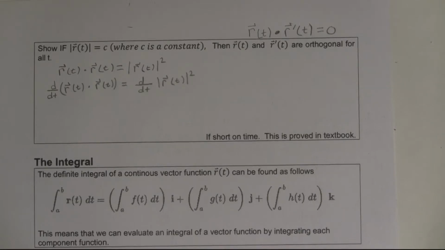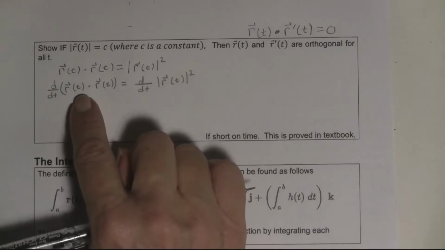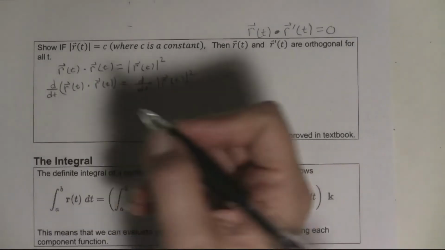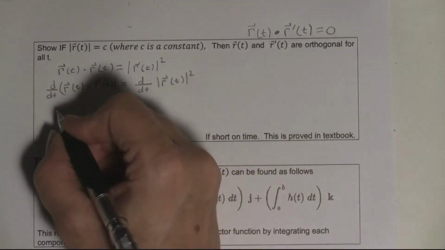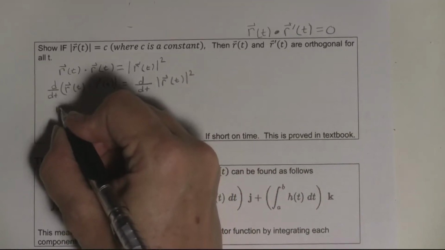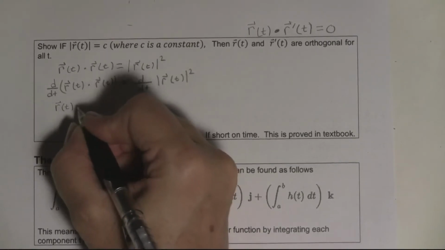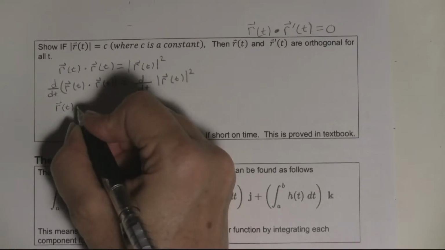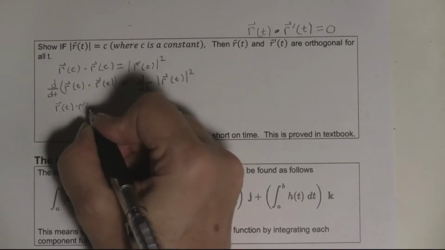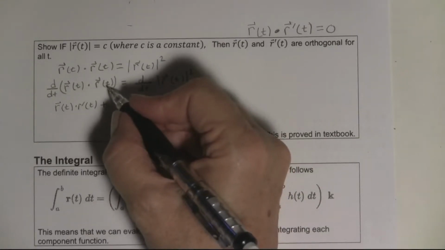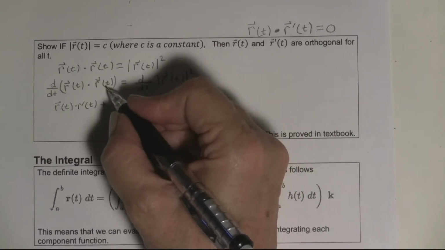Now, the properties we just looked at said that if you take the derivative of a dot product, you use something like a product rule. I don't care how you write that. You take the derivative, leave the first one the same, and take the derivative of the second one, and then you add that to the derivative of the first one multiplied by the second one.